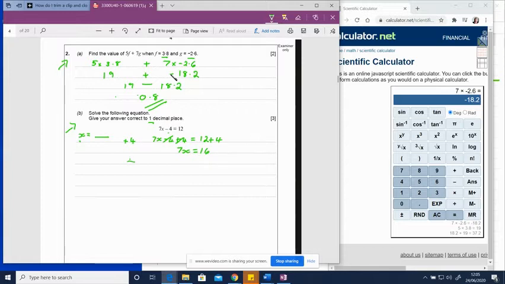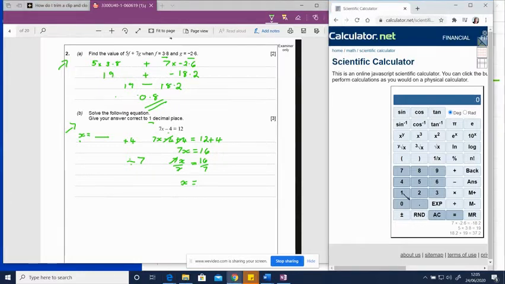Now I'm going to divide both sides by that 7 to get rid of the 7. So 7x over 7 is equal to 16 over 7. So those cancel each other out, meaning x is equal to 16 over 7, which is 16 divided by 7. So I need to go back to my calculator. 16 divided by 7 equals 2.2857, and so on.